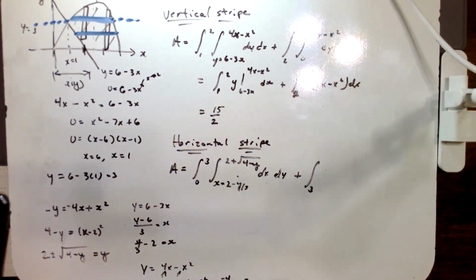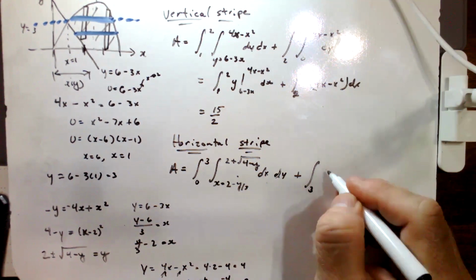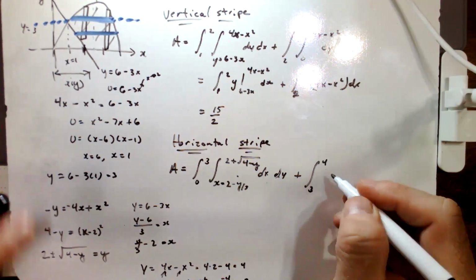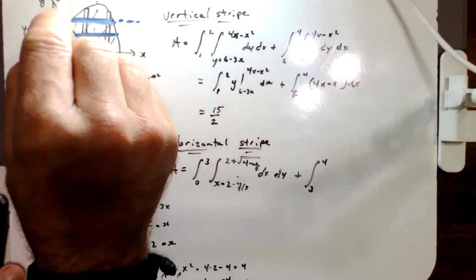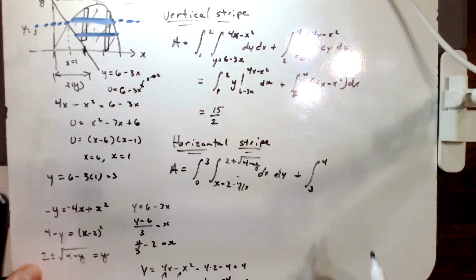Okay, so what does that mean for the y value? We plug that in, we get 4 times 2 minus 4, which looks like it's going to be 4. So this is going to be the integral from 0 to 4. That's the vertex, the last value there.